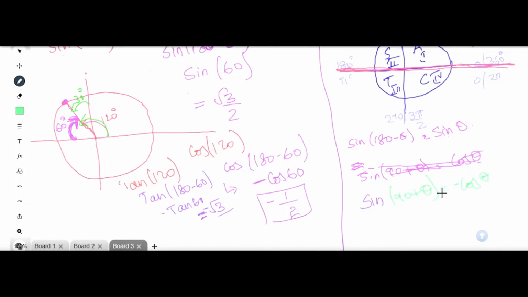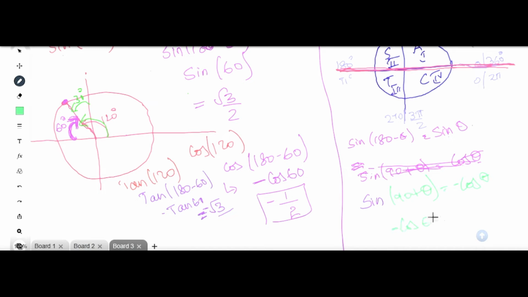Negative cos theta. Yeah, because cos is negative in the second quadrant, no? Whatever you're putting, it becomes negative in the second quadrant in terms of cos. So 90 plus 30 is 120, and again, negative of negative becomes positive. Because sine 120, however, you have to get positive only.